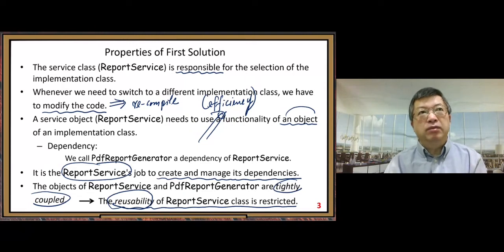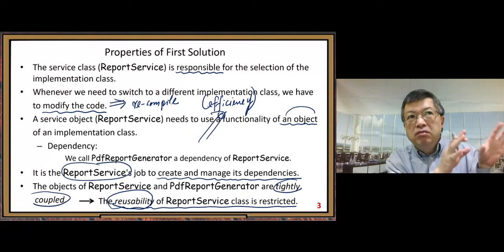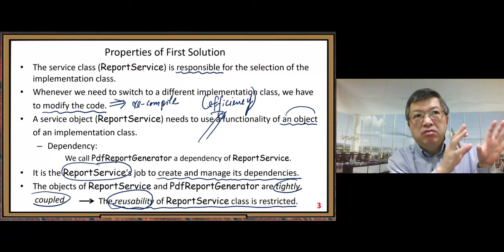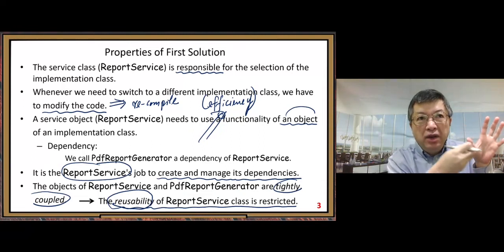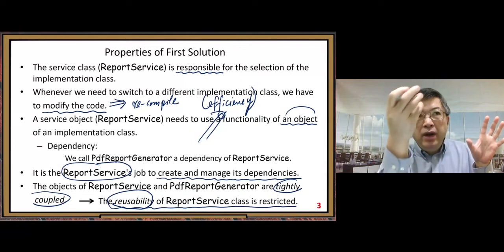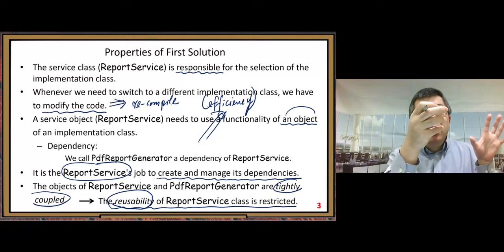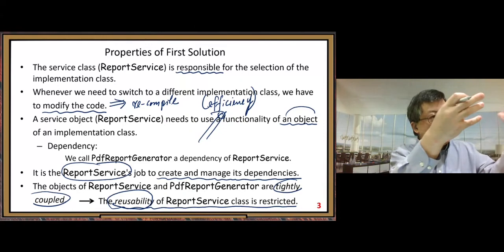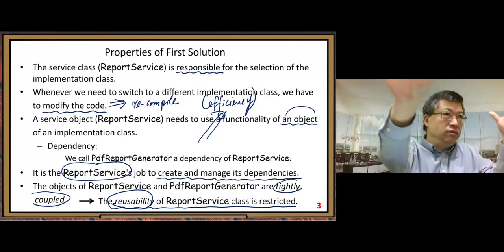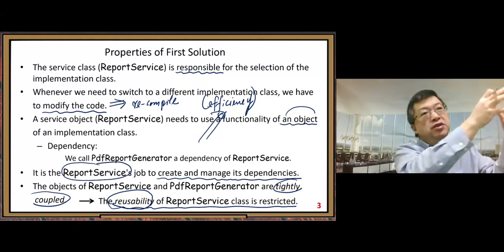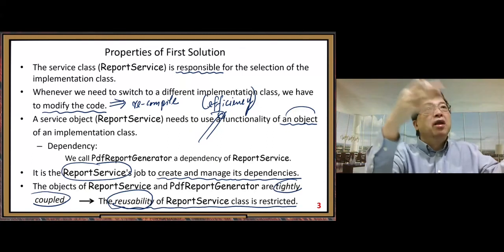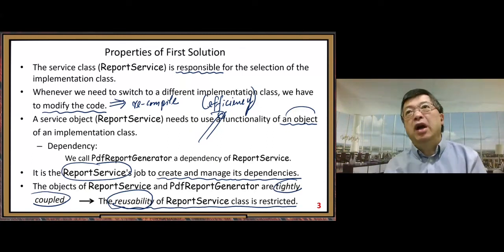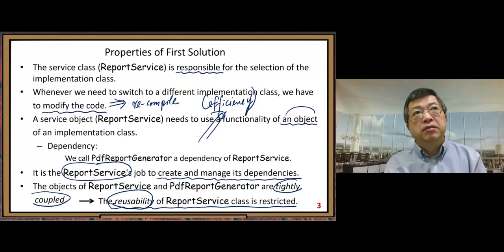But with this problem, tightly coupled, if you have a Java class that is tightly coupled with another Java class, when you want to use this class but you don't need that dependency class, then you need to make a lot of changes.